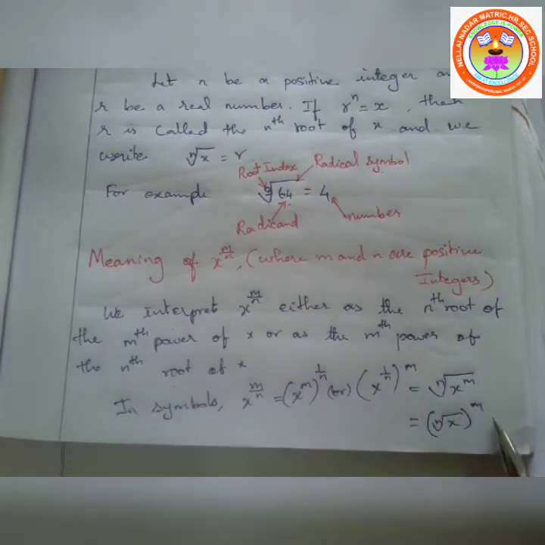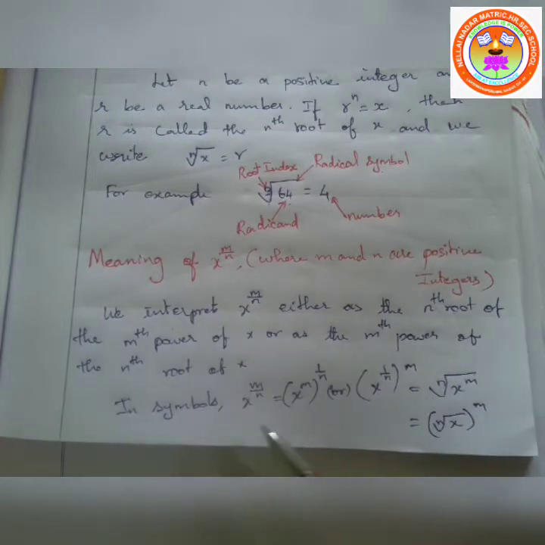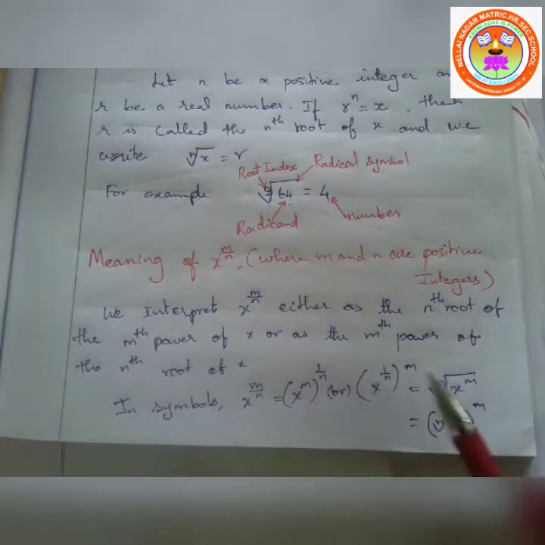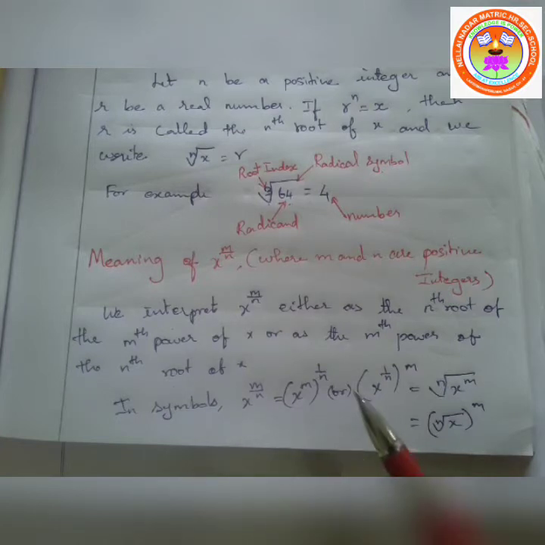So everything is the same only. So one can write like this format or this format or this format. There are 5 different ways. It is important that you know all these 5 different ways to represent the radical number.